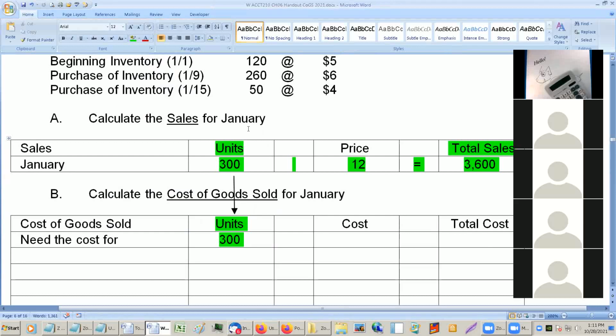Okay, so we'll go ahead and do the hard part together, kind of. We need the cost for 300 units, and that's just whatever the sales were. And the first ones in were here. So these are the first ones in.